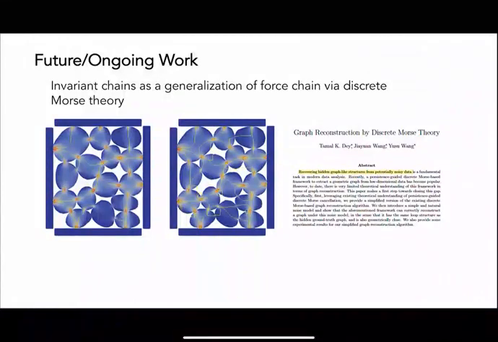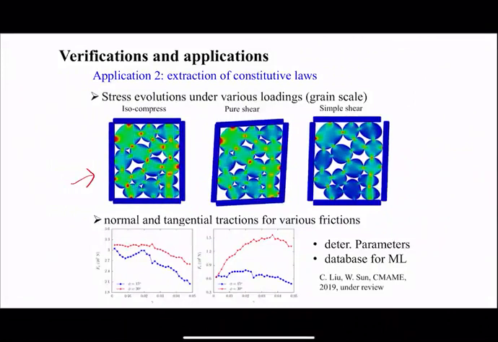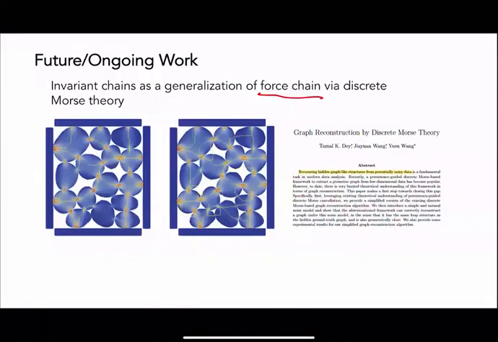In the future, what we want to analyze is not only the relationship between the force chain obtained from the DEM and the finite element, but also how more detailed simulations may enable us to discover other topological information that is not available in the literature right now.